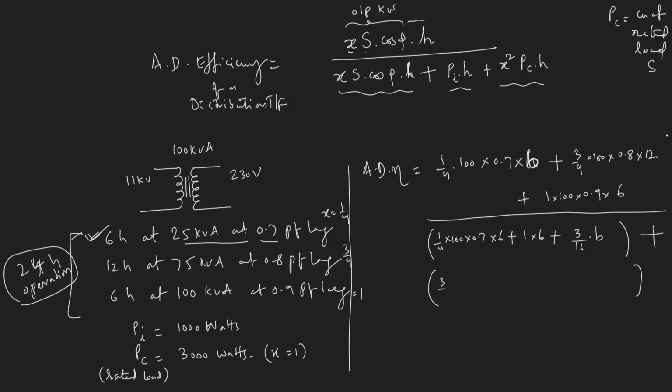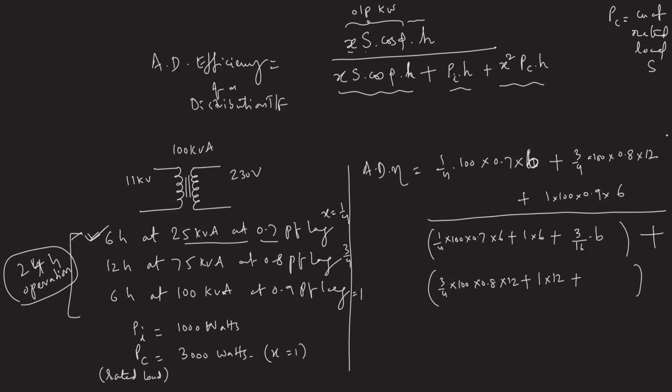that is 3 by 4 into 100 into 0.8 into 12, plus iron losses, same 1 kilowatt multiplied by 12 hours, plus copper losses.